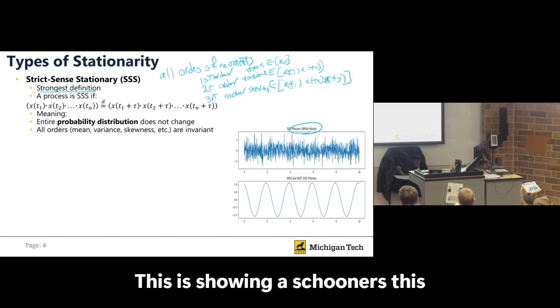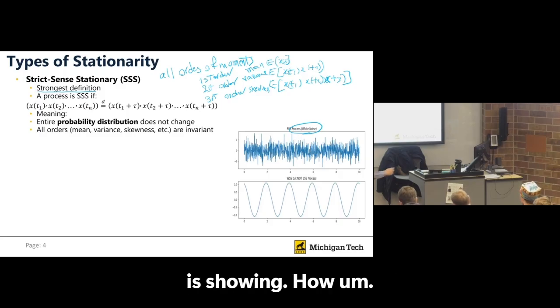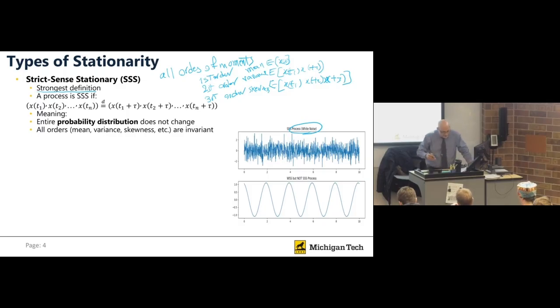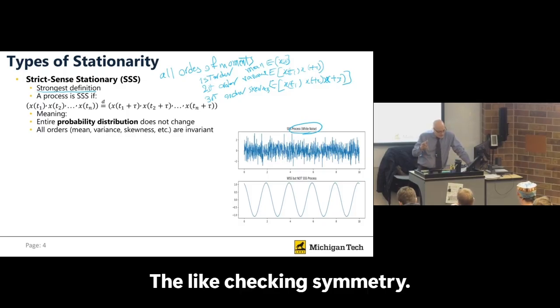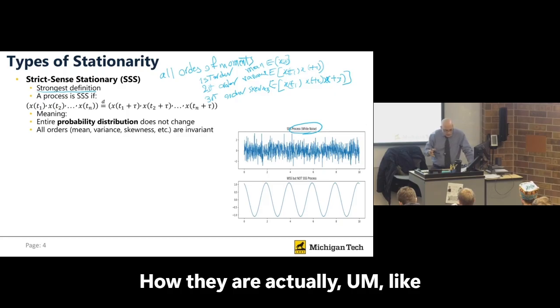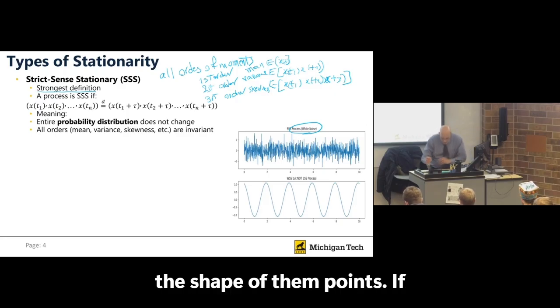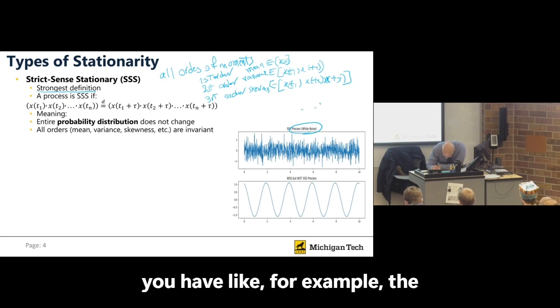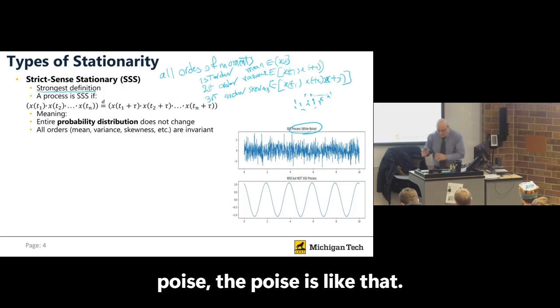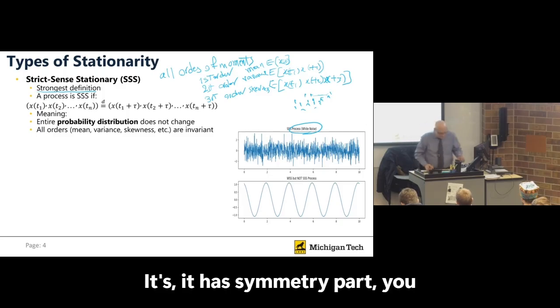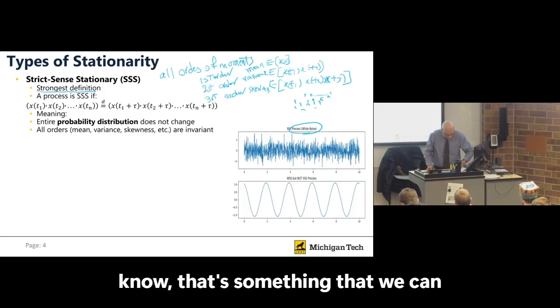This is showing skewness, like checking symmetry, like the shape of the points. If the points are like that, it has a symmetry part. That's something that we can see.